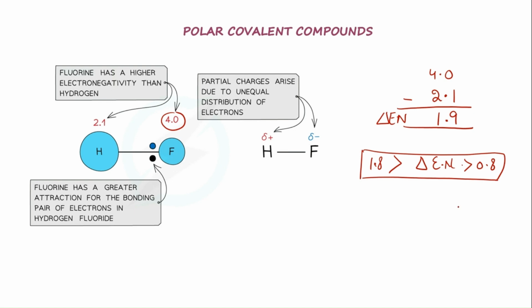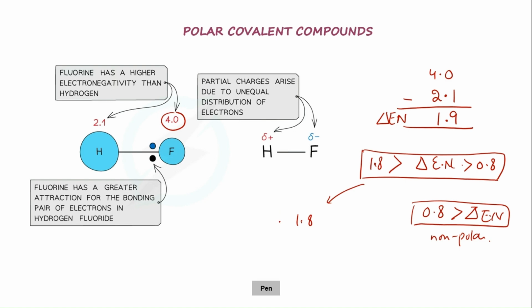And if the electronegativity difference is less than 0.8, then this compound would be termed as a nonpolar compound. And if it has electronegativity difference greater than 1.8, then it would be termed as an ionic compound.